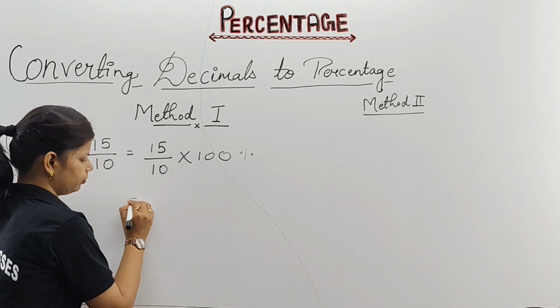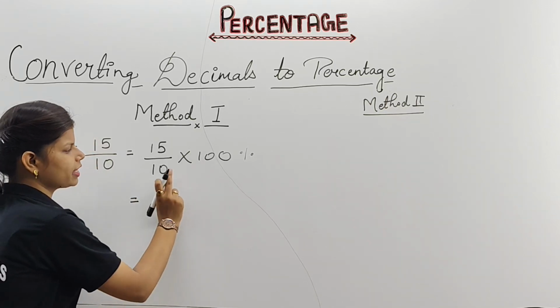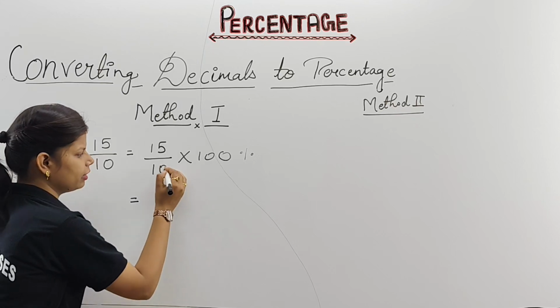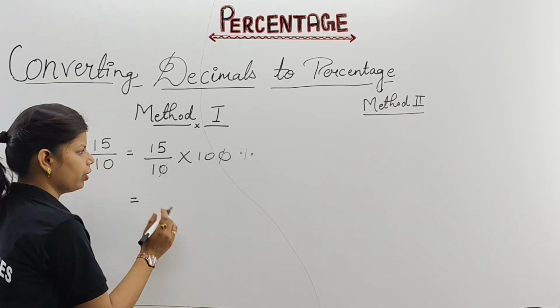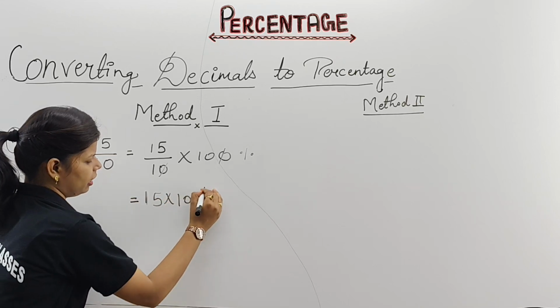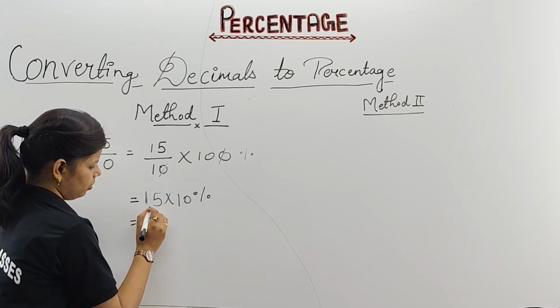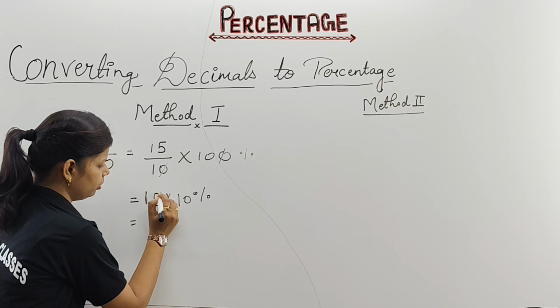Now, when we convert that given number into that form, we will see whether the number is divisible or not. Like this, the 0 of the denominator is being cancelled with the 0 of 100. Now what is left here? 15 multiply by 10%. When we see 15 multiply by 10%, what are we going to get?